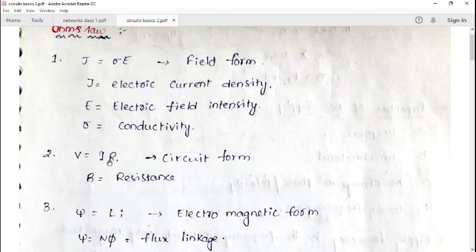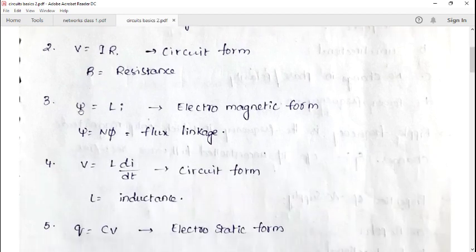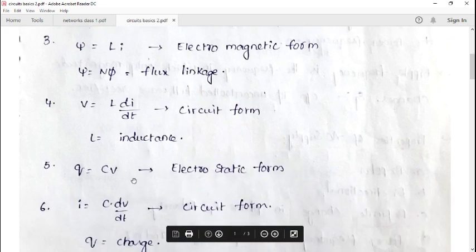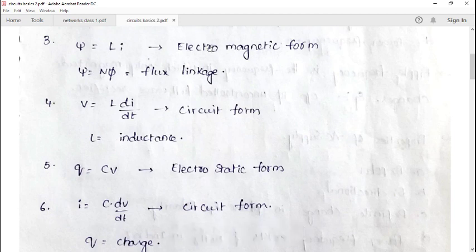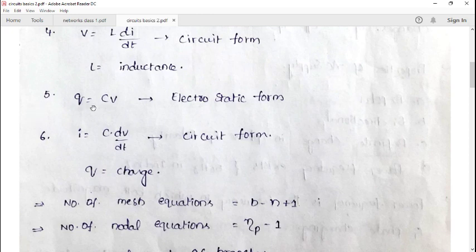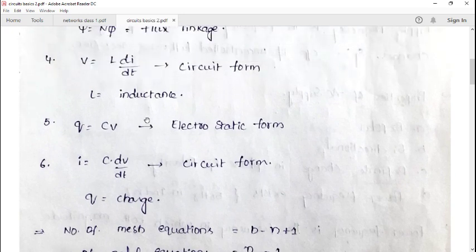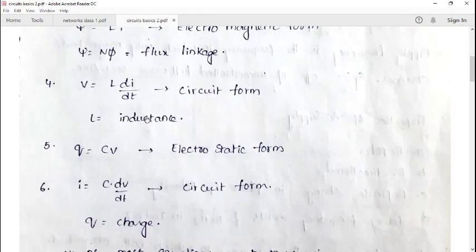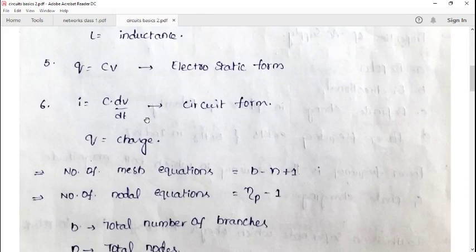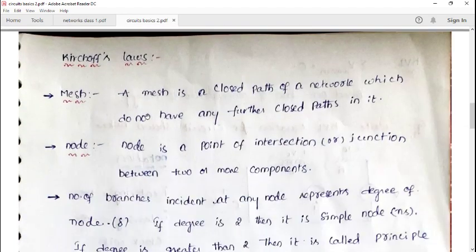This is circuit form, and psi equal to Li. That is electromagnetic form. This is field circuit form related to this electromagnetic form, and this is Ohm's law in electrostatic form, and this is circuit form of Ohm's law related to electrostatic form. All these 6 formulas are very important for solving problems, very important 1 mark questions.